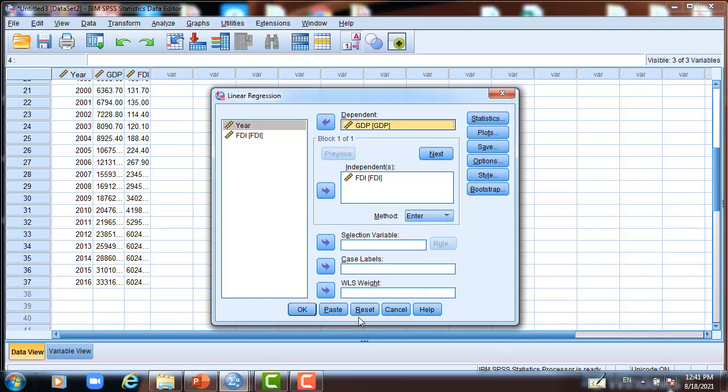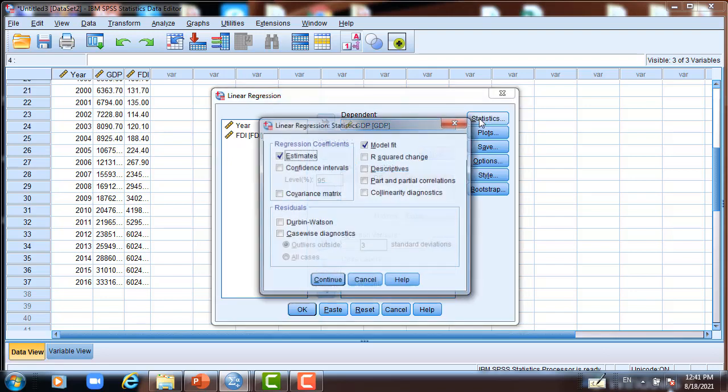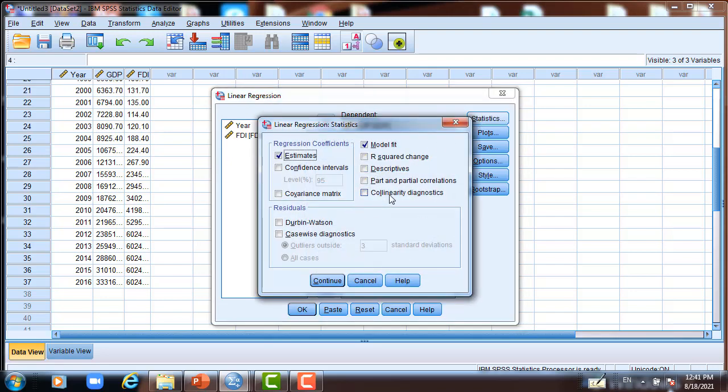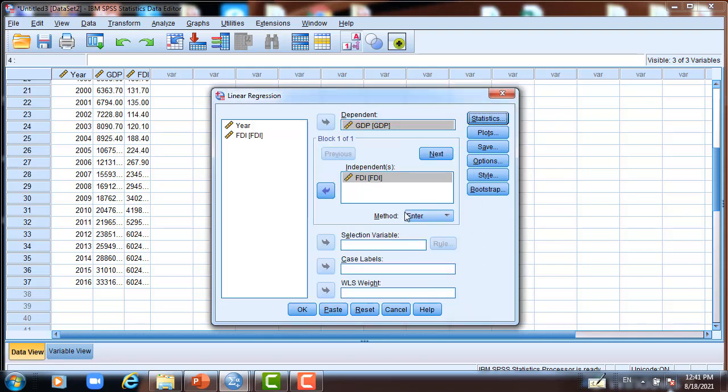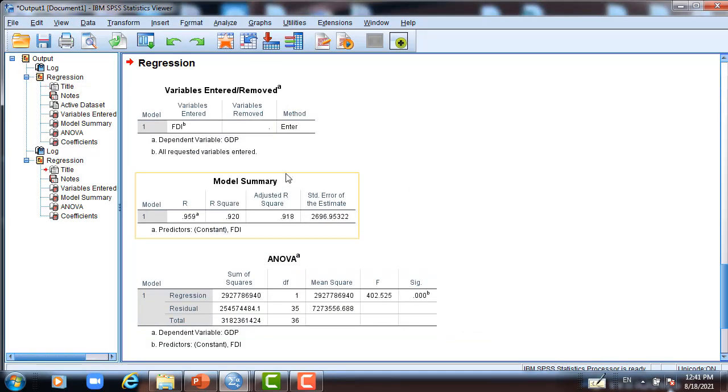This is the variable, GDP, dependent variable, foreign direct investment, independent variable, and leave everything as it is, because this is just a simple linear regression, and then press OK. The outcome is coming gradually, as you can see.